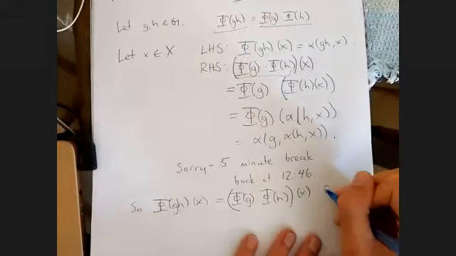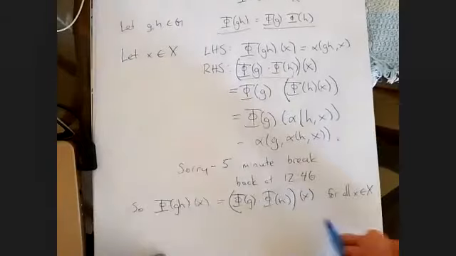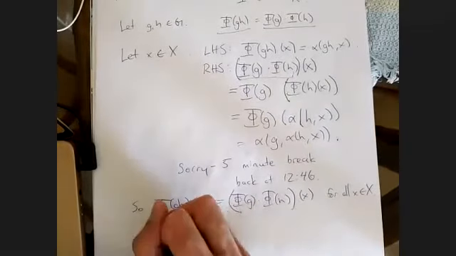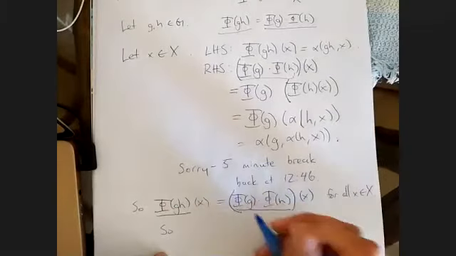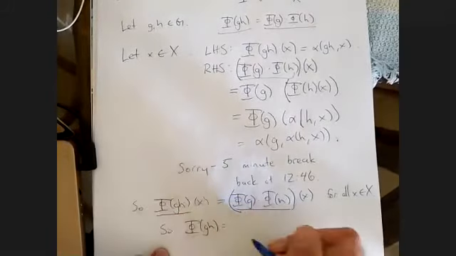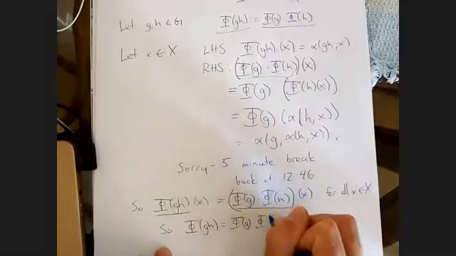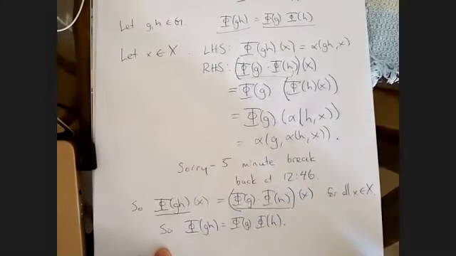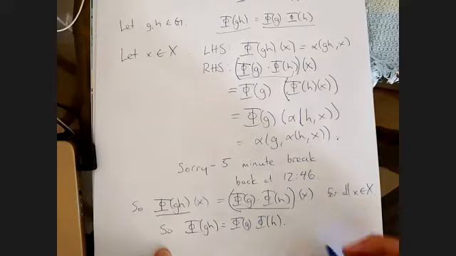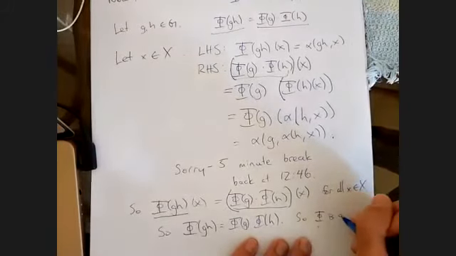And that's true for all x, which tells us that this permutation is equal to the product of these two. And that's what we wanted to know. So phi is a homomorphism.